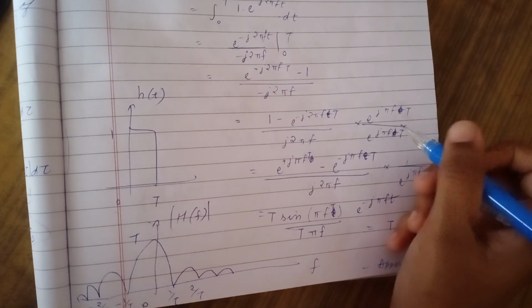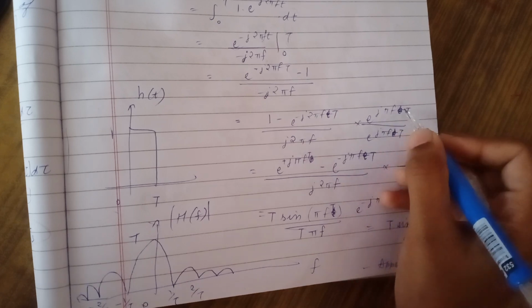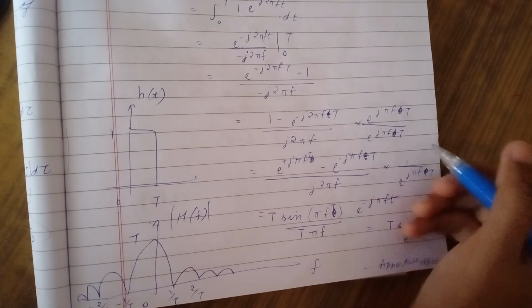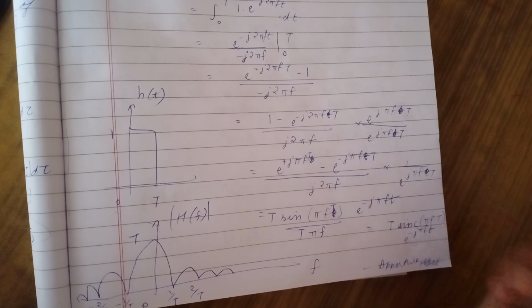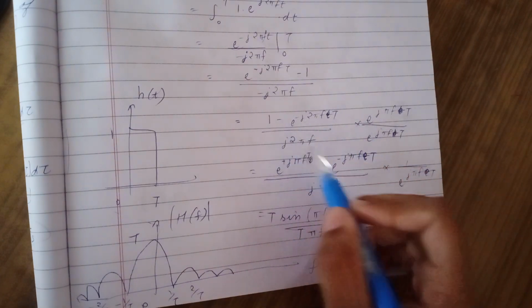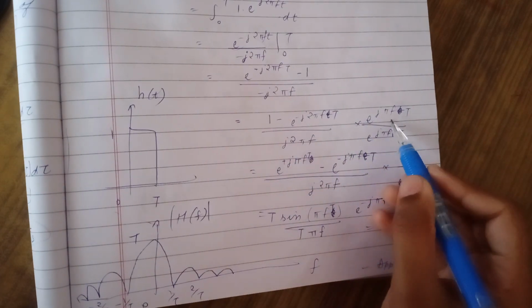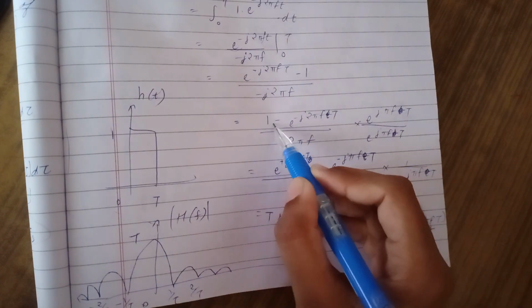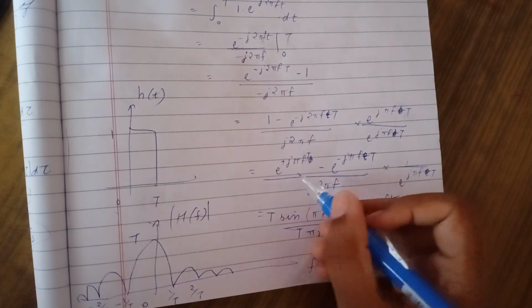Now I'll divide and multiply it by e power j pi fT, because I want to convert this particular thing into a sinc function. So when I do that, this term will go here. When I multiply, this is what I get.